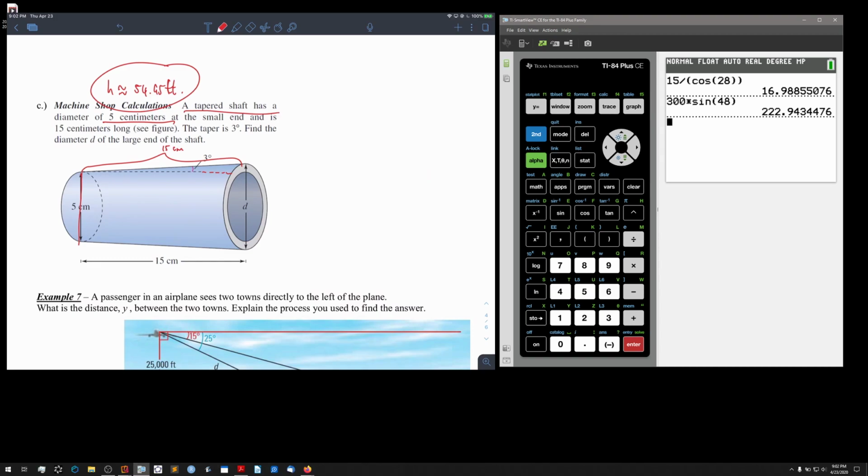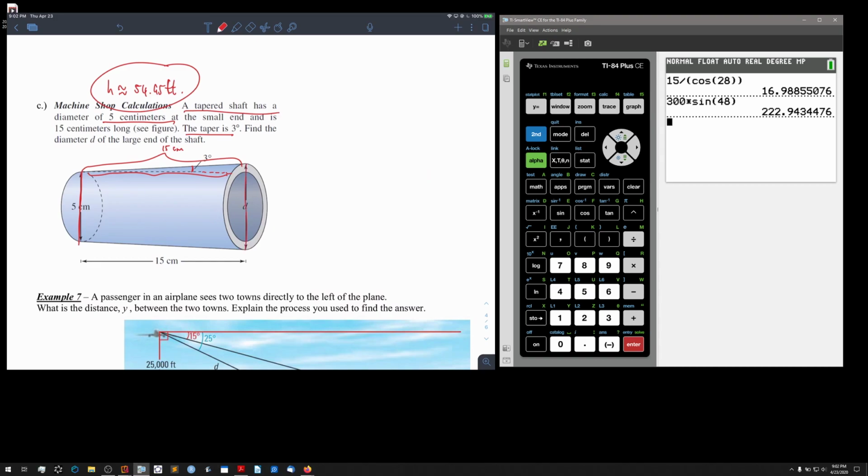Not this distance, but the other distance. And then it says the taper is 3 degrees, so this little angle here is 3 degrees. Find the diameter on the large end. The diameter here is 5, they told me that. So find the diameter here.